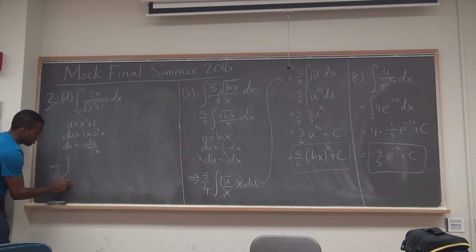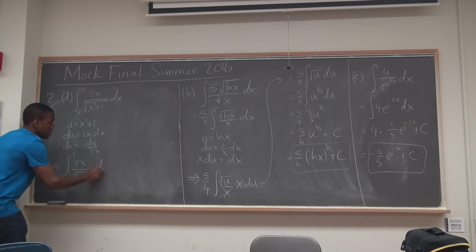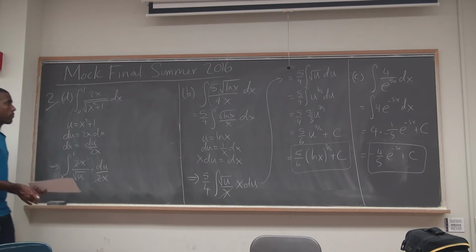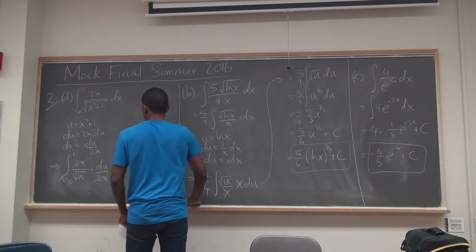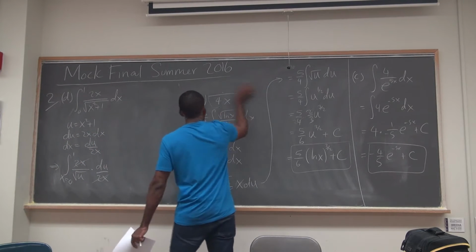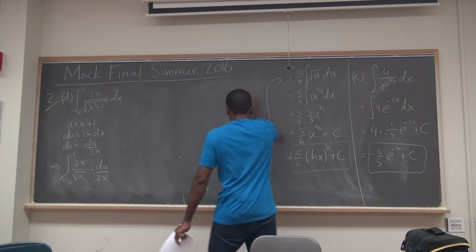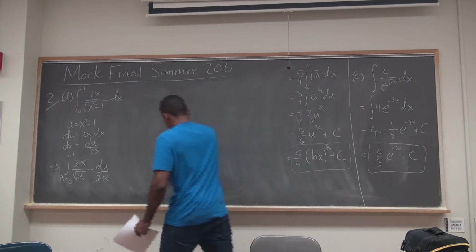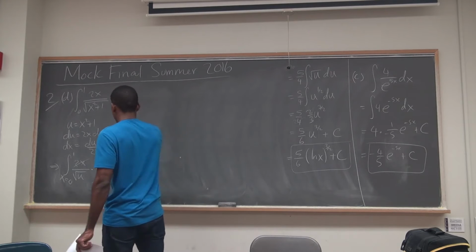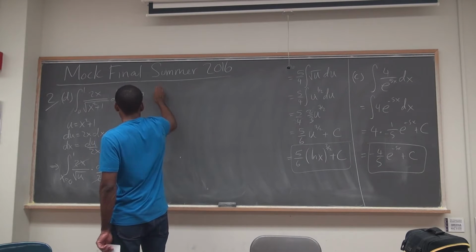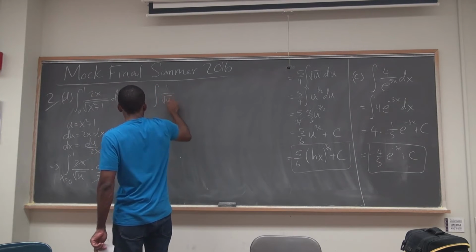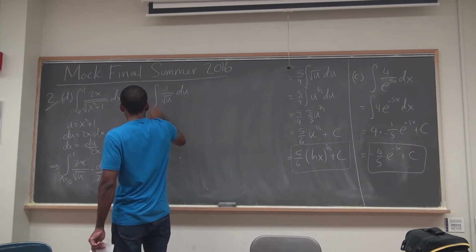This is x goes from 0 to 1, of 2x over the radical of u times du over 2x. 2x is cancelled. So that gives us 1 over radical of u, x goes from 0 to 1.